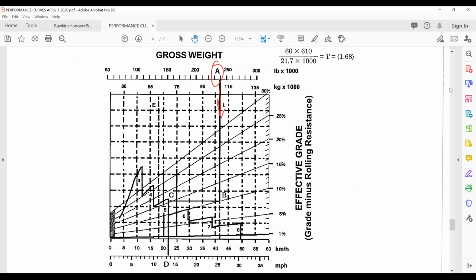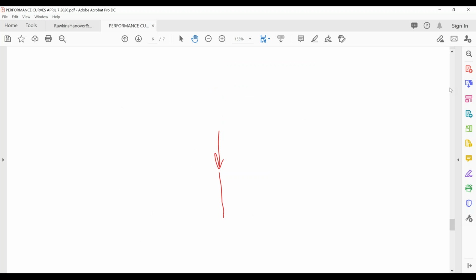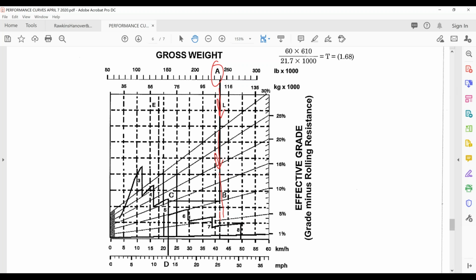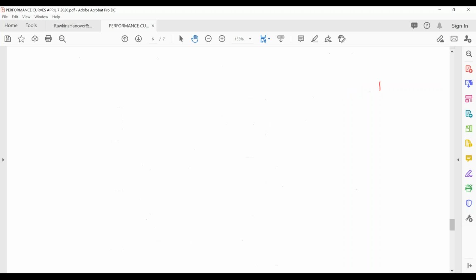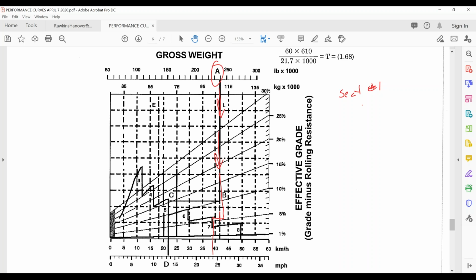So we come down to 5, where we hit 5 here. We come over. We're going to be able to use the retarder in 7th gear, and we're going to be able to do section 1 at a speed of 24 miles per hour.